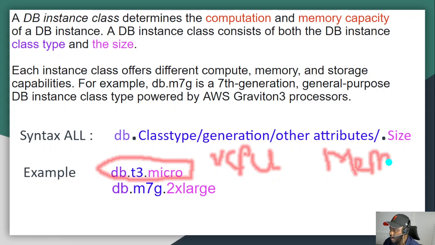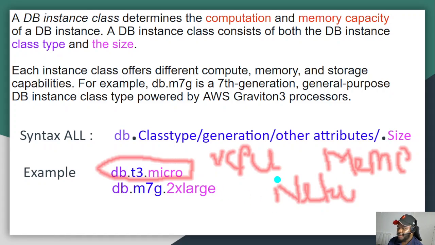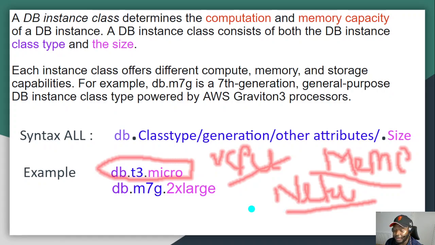And sometimes it will give you capacity for your network. That's the throughput, okay? So it therefore means that your chosen RDS instance class is going to determine the compute capacity of your RDS instance, the memory capacity of your RDS instance, and the network capacity of your RDS instance. So it's very crucial for you to make that decision.